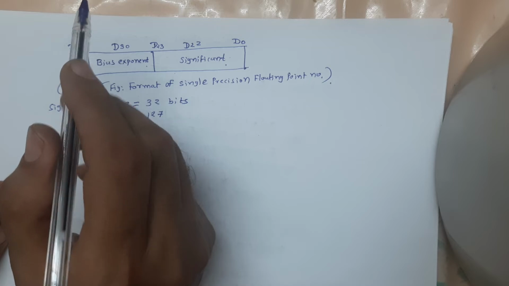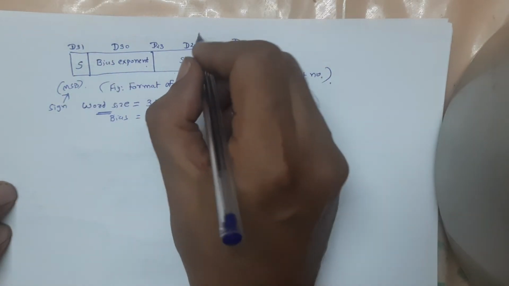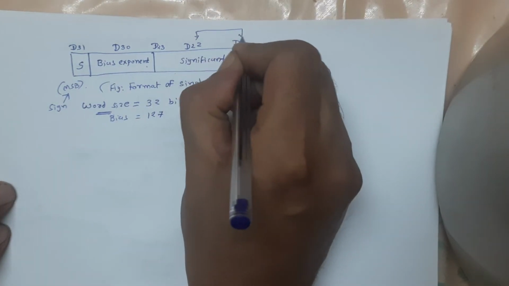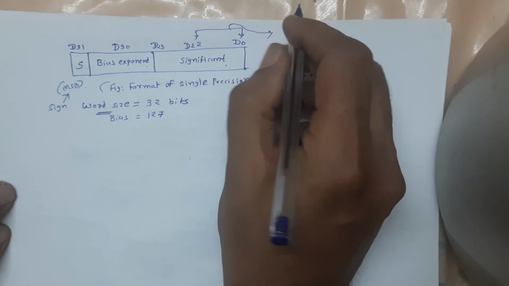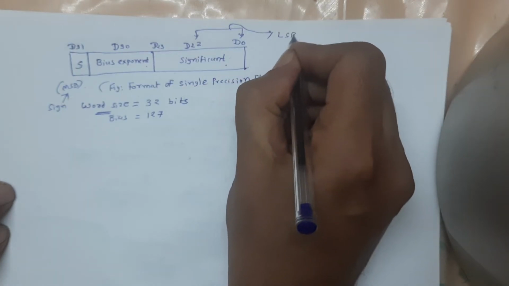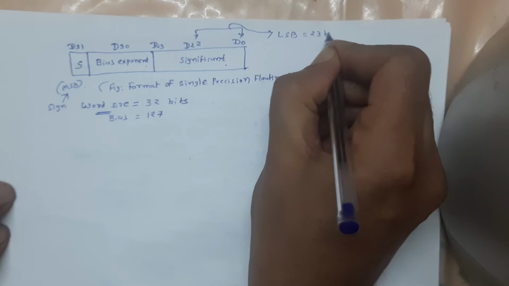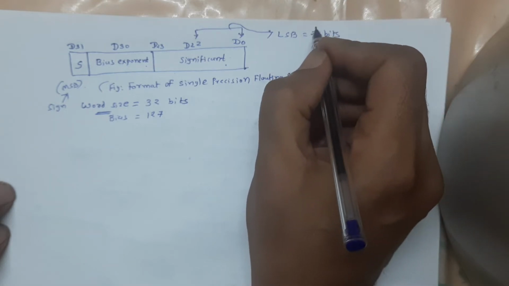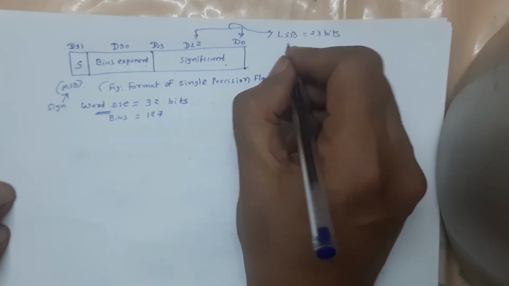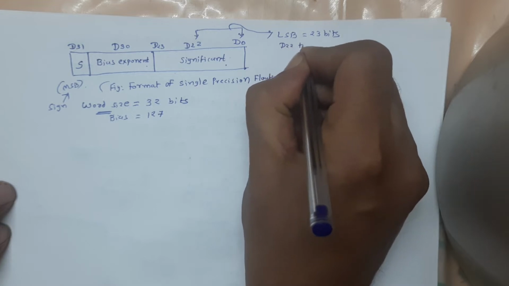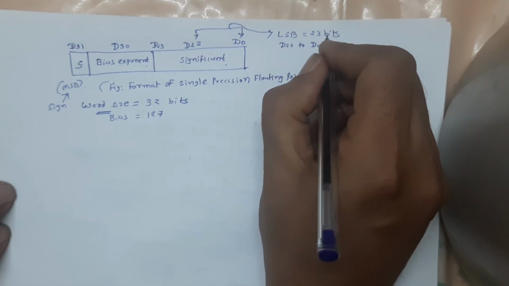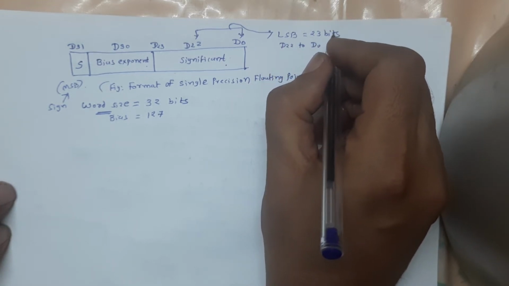The 23 bits, D22 to D0, are used for the significand.